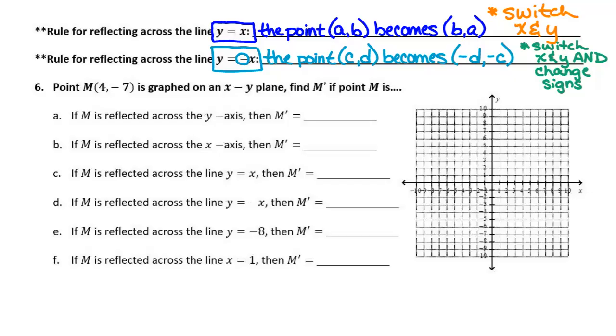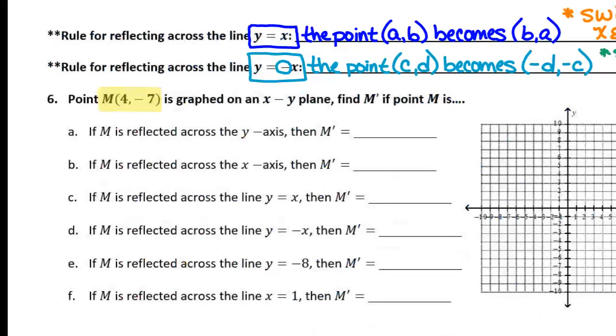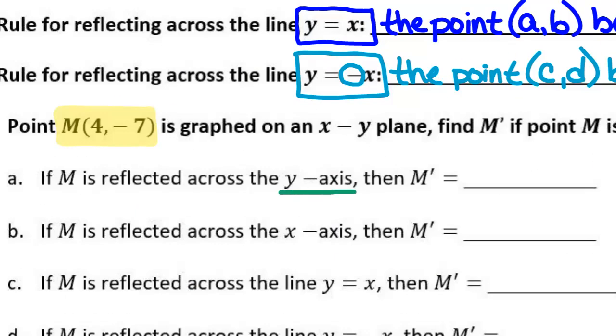All right, let's see if we can do number 6 here. Number 6, we have point M, which is (4, negative 7), graphed in the xy plane. Find M prime if M is reflected across the y-axis. If we reflect across the y-axis, what stays the same?